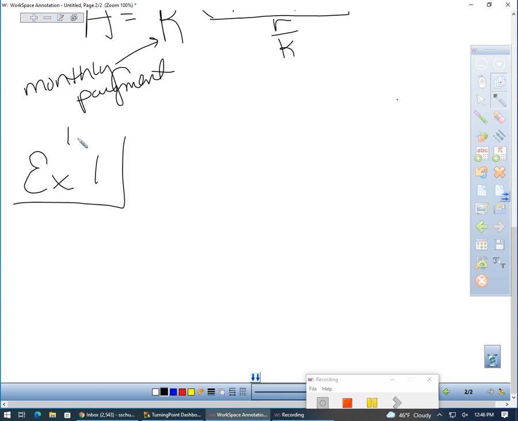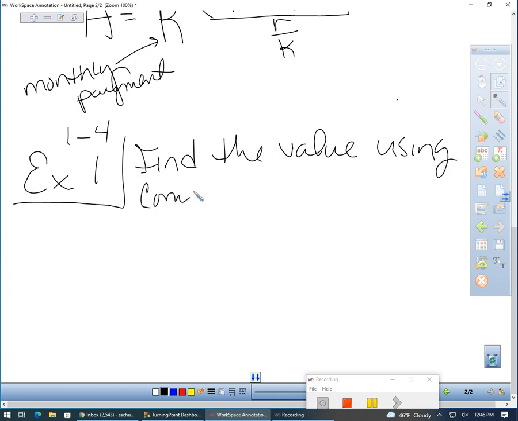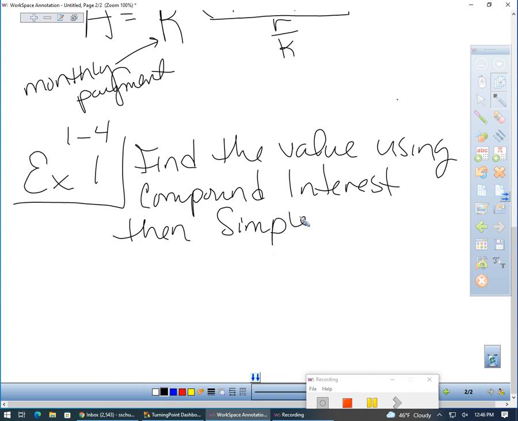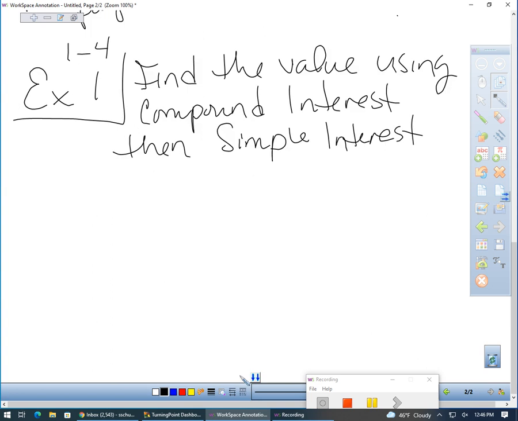Example number 1, this is what you do for 1 through 4. The direction states, find the value using compound interest, then simple interest. So you're actually doing the first 4 problems, I guess, kind of twice with the information, okay? Why? Because I care that much.